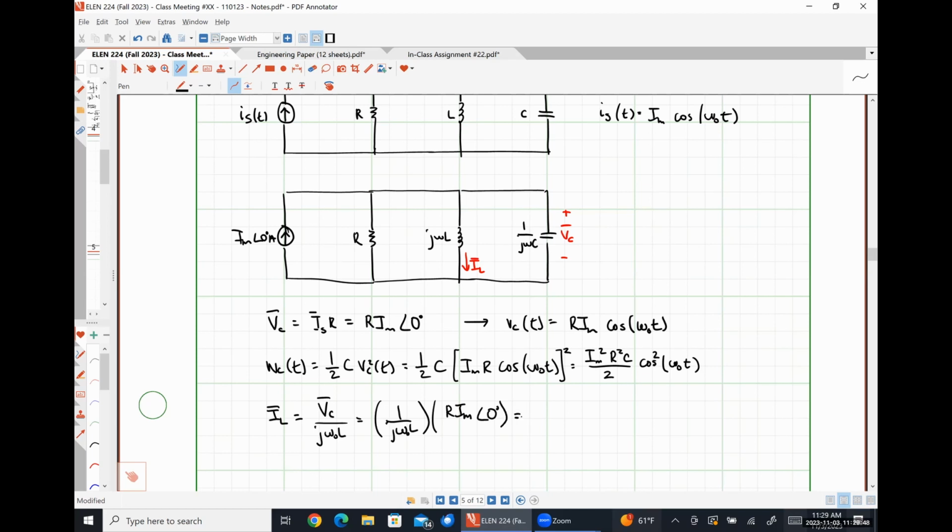And so that is going to look like Im times R over omega naught L with an angle of negative 90 degrees, which in the time domain we could represent as IMR divided by omega naught L sine omega naught t.